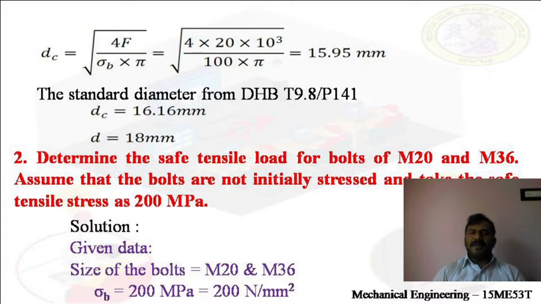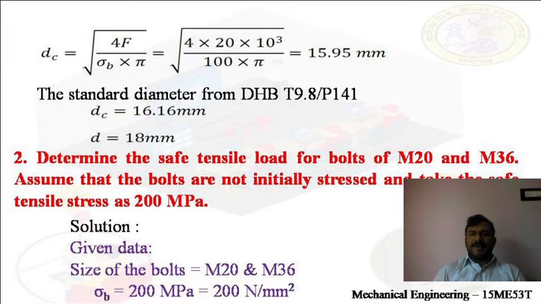In this problem the diameter of the bolts is given and we are asked to find the load. But in the previous problem force was given, we calculated the diameter of the bolt. Here we have to calculate the force for the given diameter.